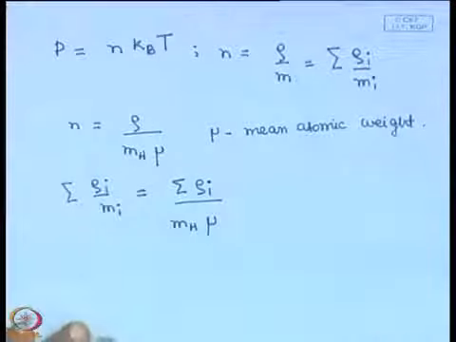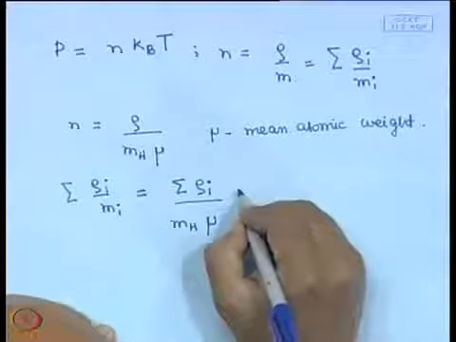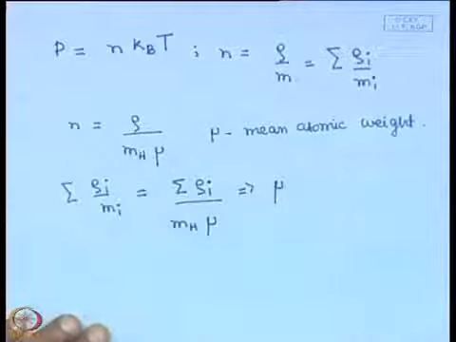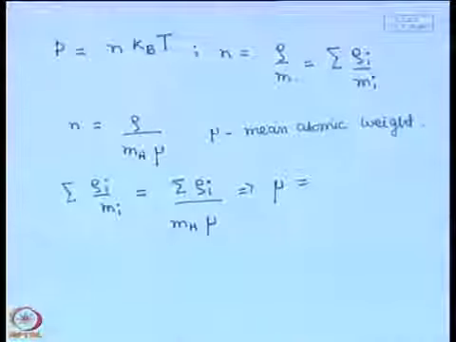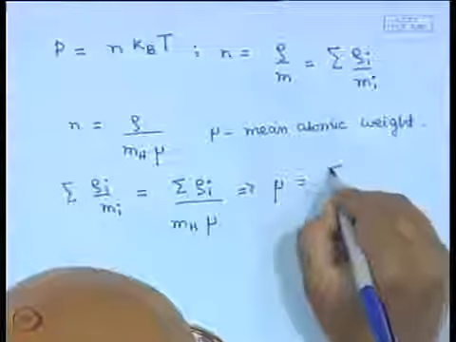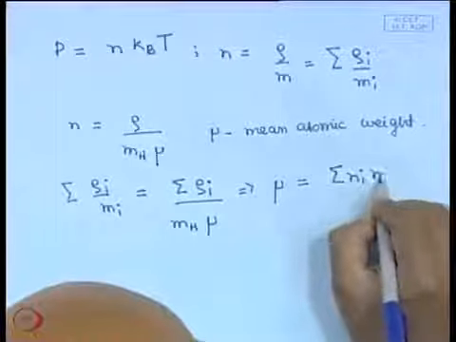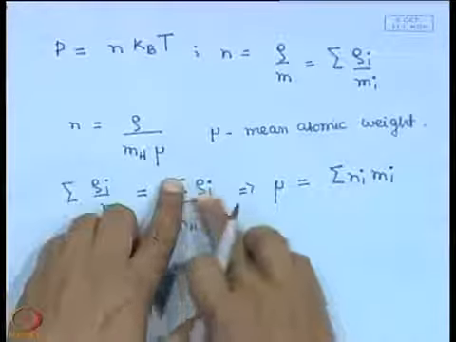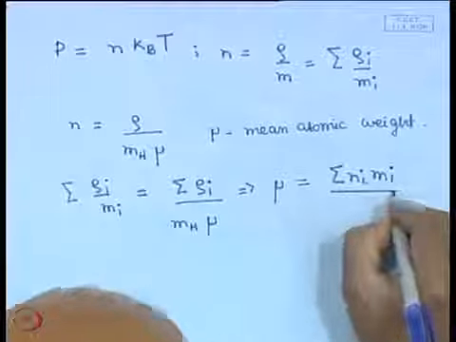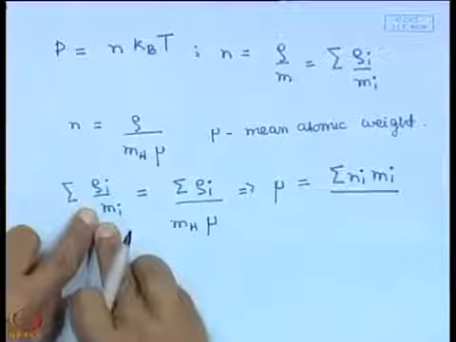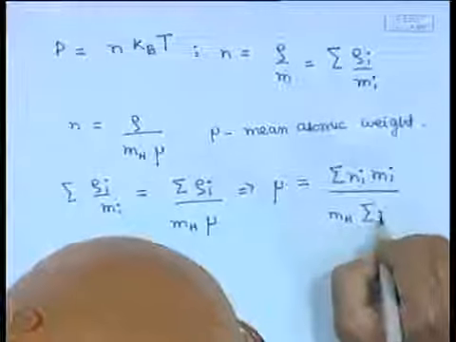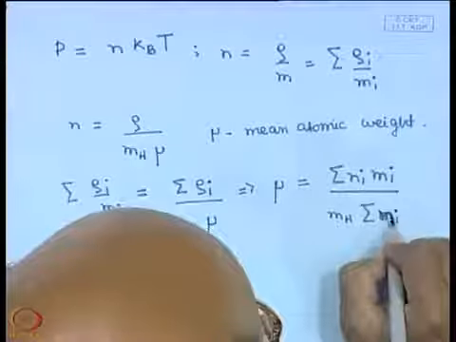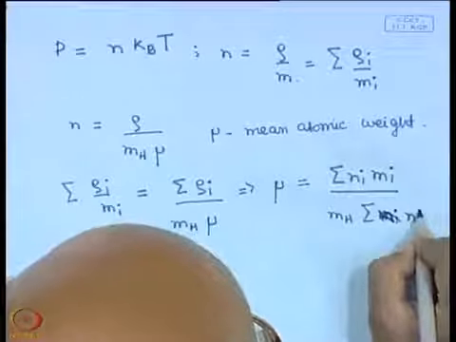So from here we see that mu is equal to, now the mean density is the number density of each species times the mass of each species, divided by the sum over the number density of each species, N_i.